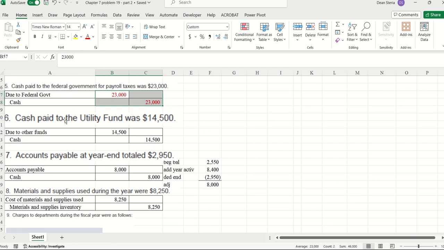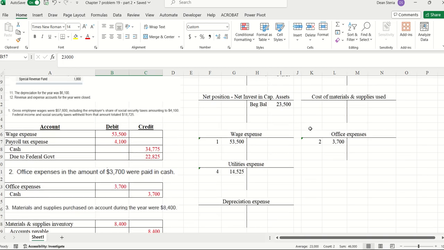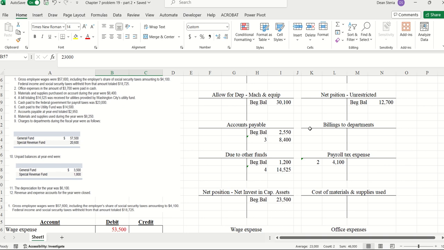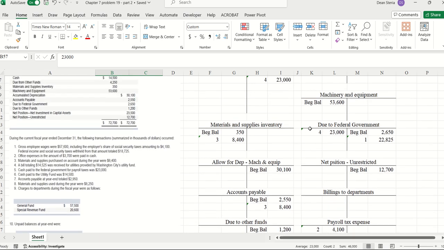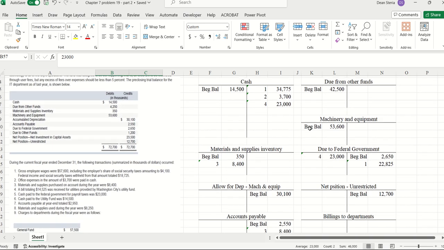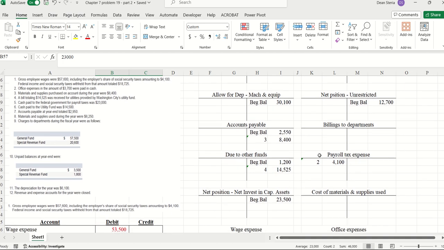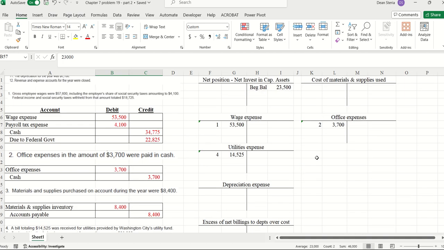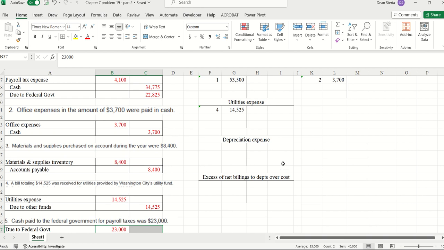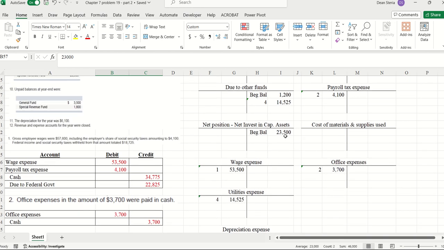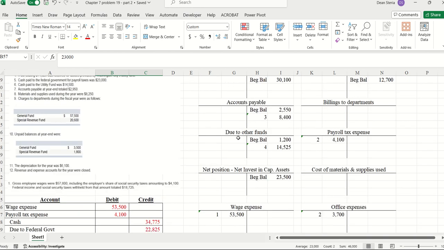And cash paid to the utility fund was $14,500. So we're going to debit due to other funds. Due from. Don't tell me I don't have it. Oh, right here, I got it. Okay, due to other funds, it's going to be debited for $14,500.